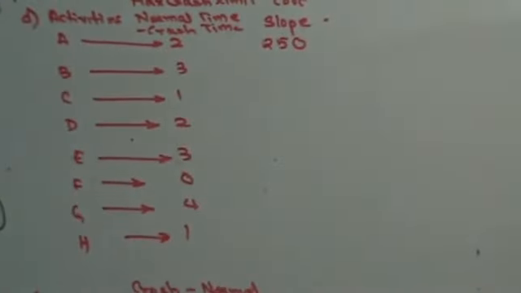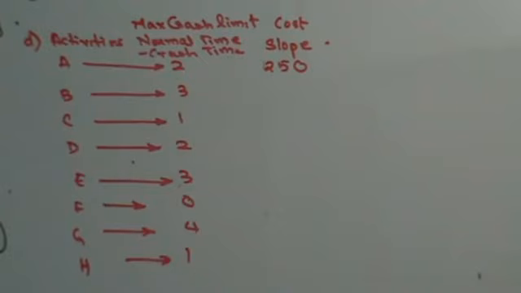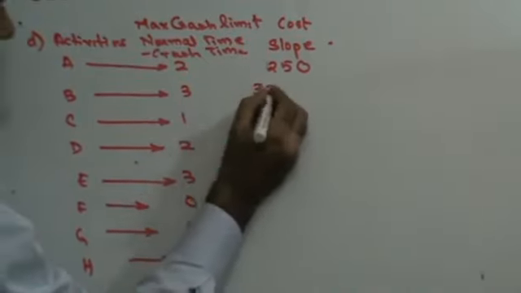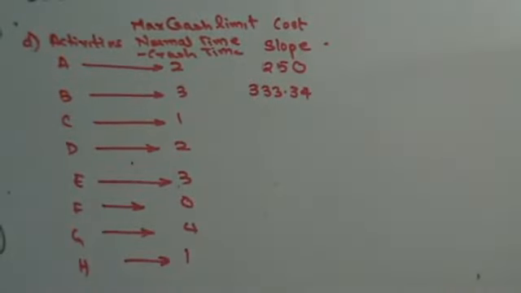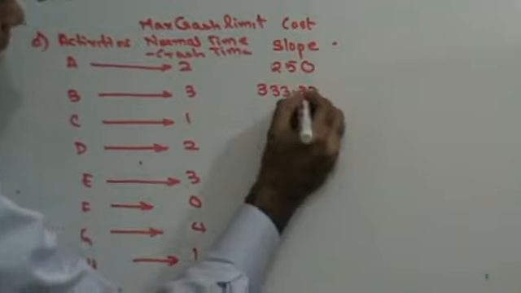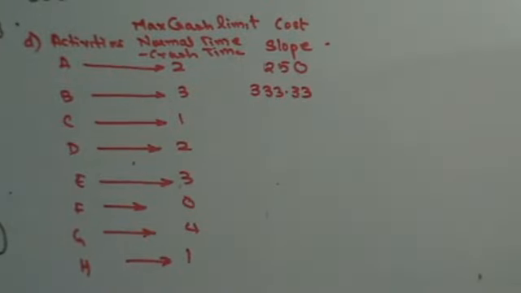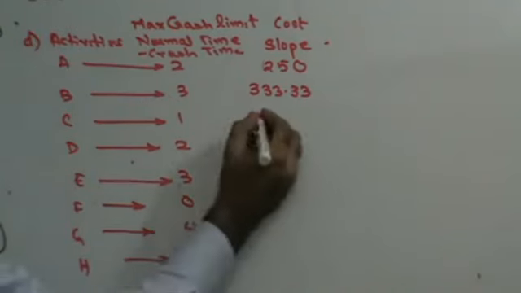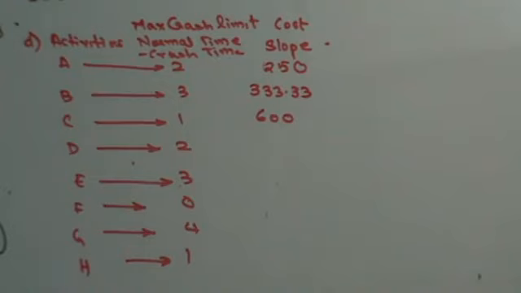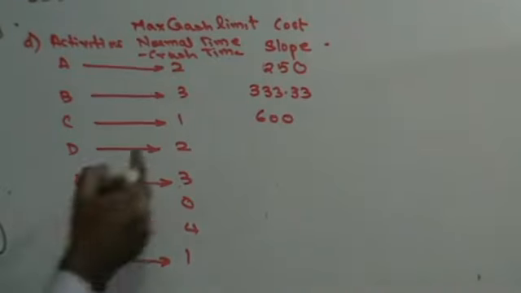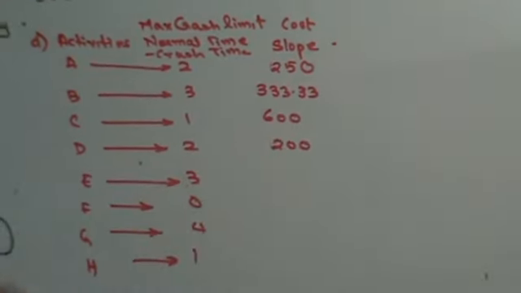Then 3000 minus 2000, 1000 divided by 3, 333.33. Then you have 1400 minus 800, 600 divided by 1, 600. Then 1500 minus 1100, 400 divided by 2, 200.